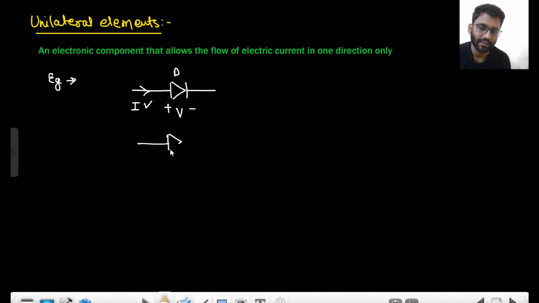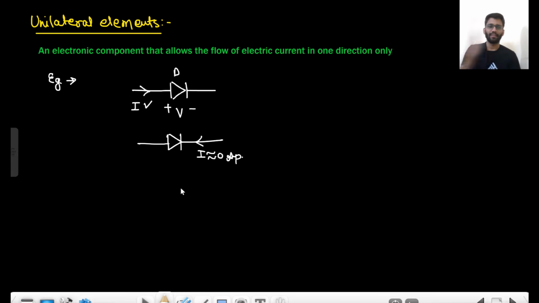The current in this direction can flow, but in the diode, the current in the opposite direction will be nearly 0 ampere, not exactly 0 ampere. So it doesn't allow the current in this direction, only in this direction. So it is a unilateral element, allowing the flow of current in only one direction. So an example is the diode.